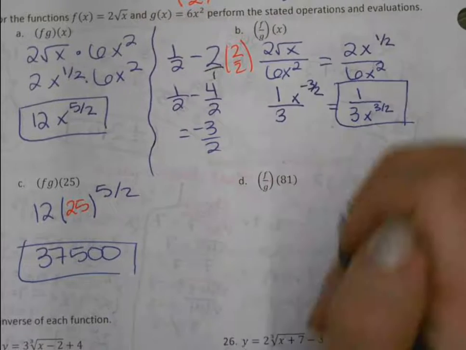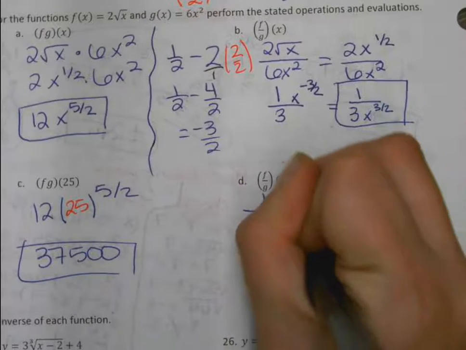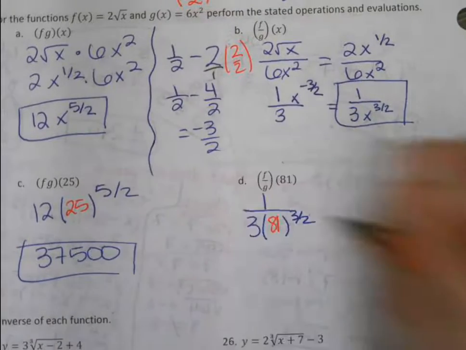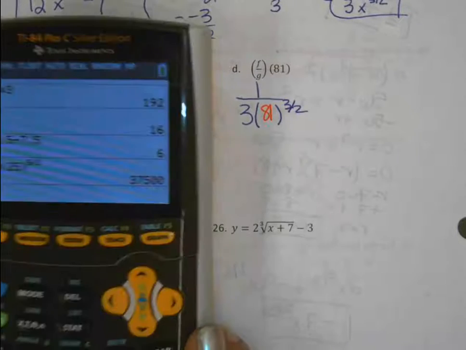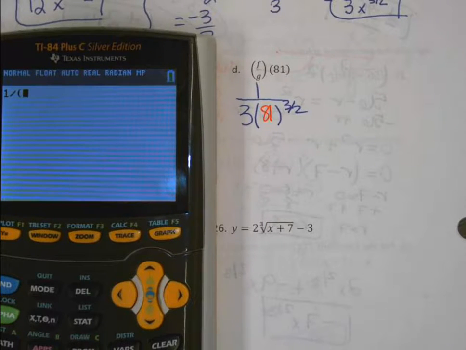Same thing for D, I'm going to plug in the 81 into the equation. When I type this into the calculator, I have to be careful though. I'm going to cover up C really quick. So I'm going to do 1 divided by, but I want everything to be in one set of parentheses on the denominator, otherwise the calculator is going to think the 81 belongs on top.